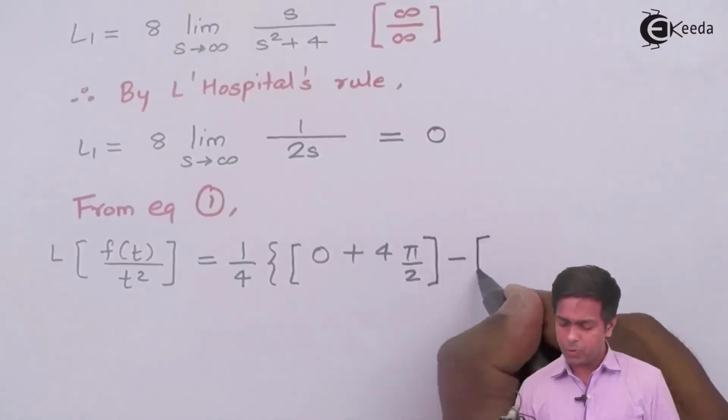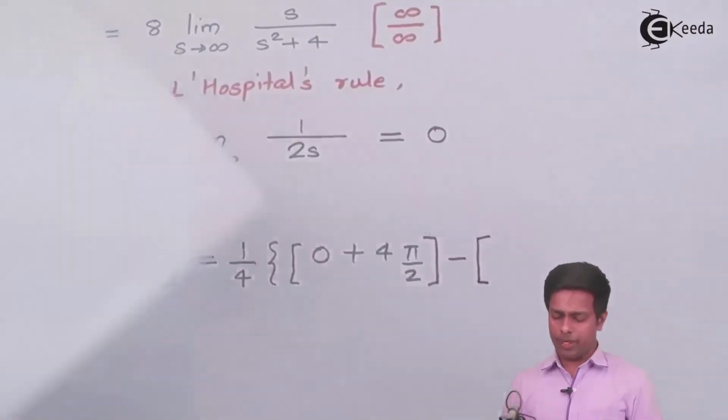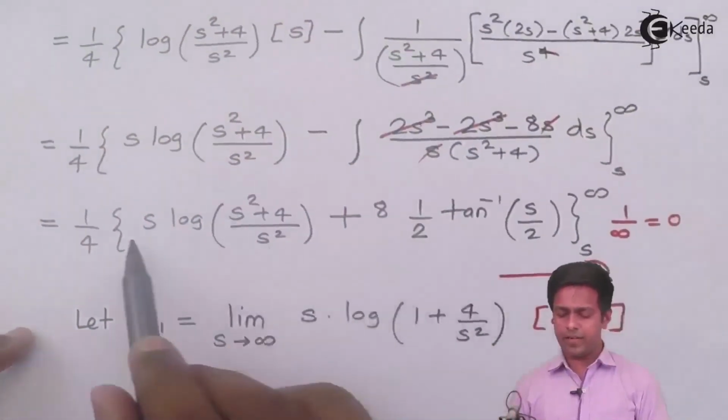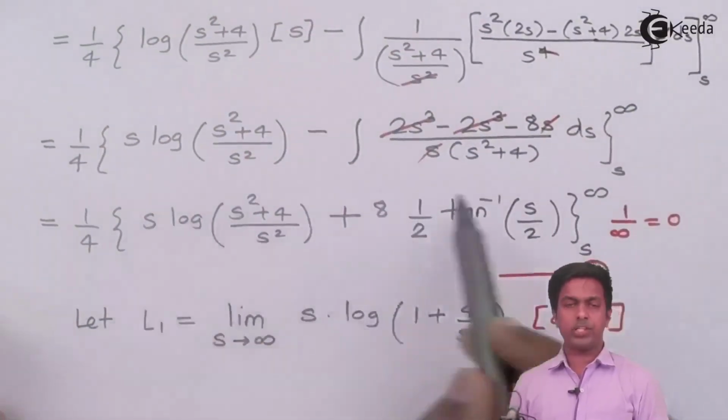Minus, let's put the lower limit. So guys, lower limit is s only. So if I put s equal to s, I'll get same function again. So I'll copy down this function.